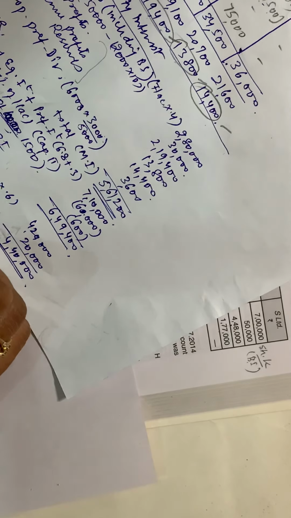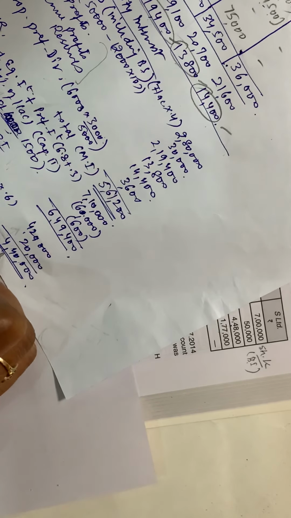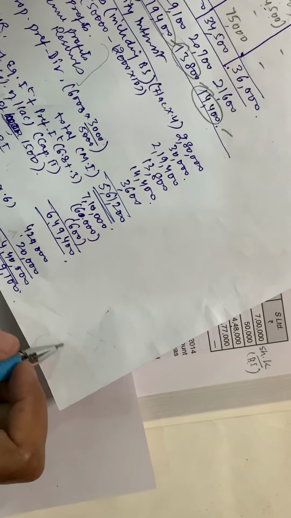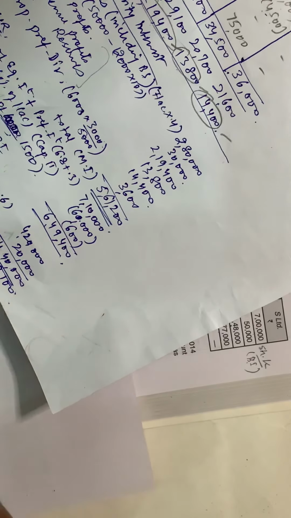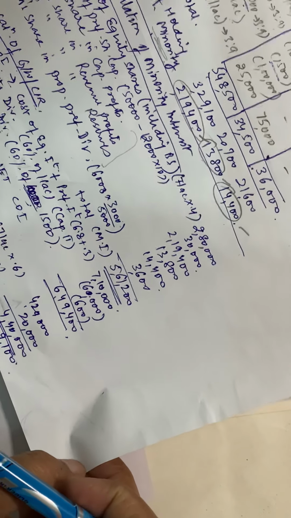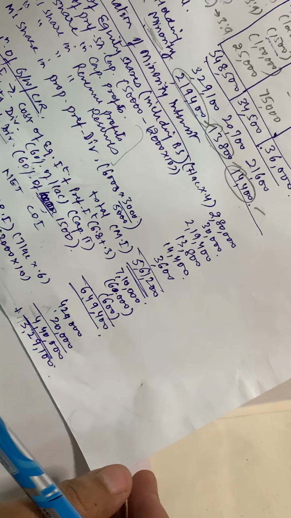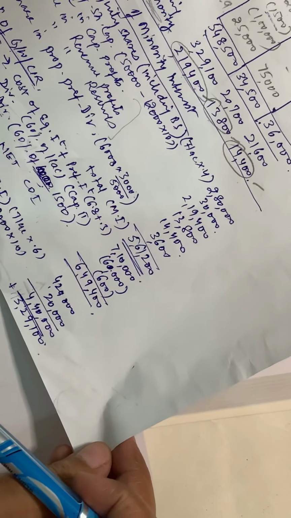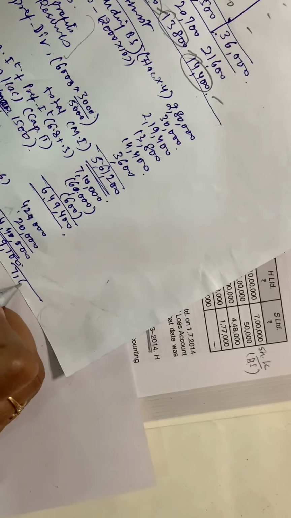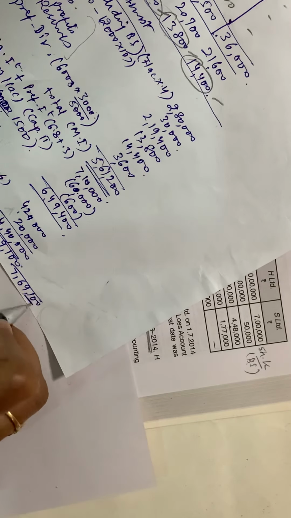So we will add that 3,29,100. So that is coming out to be 7,69,100.